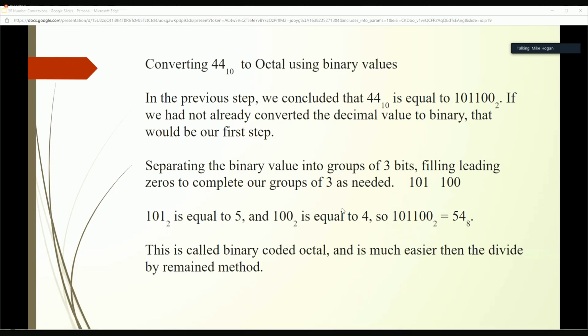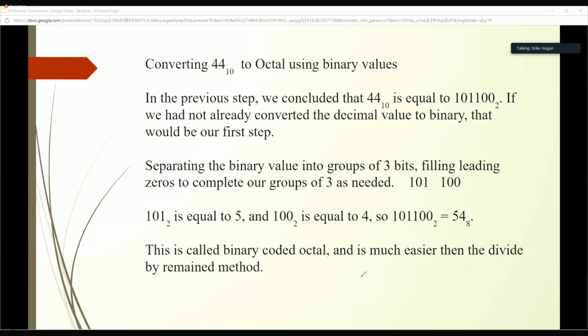Now, just to give you an example of what I was talking about in terms of dividing it at the right spot.